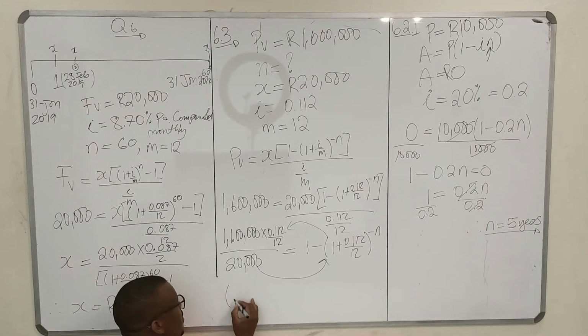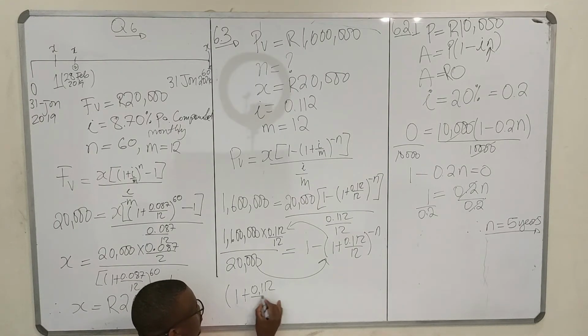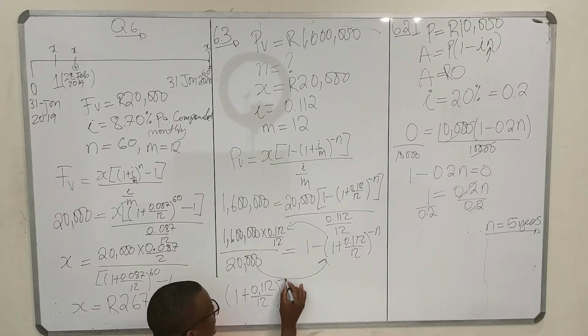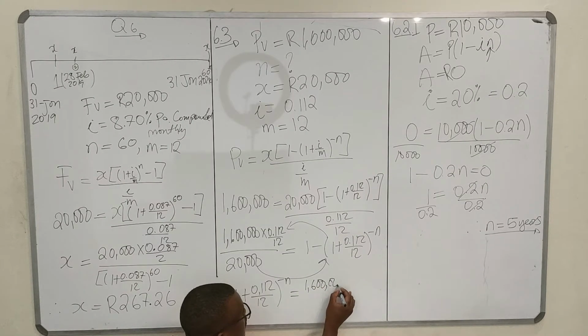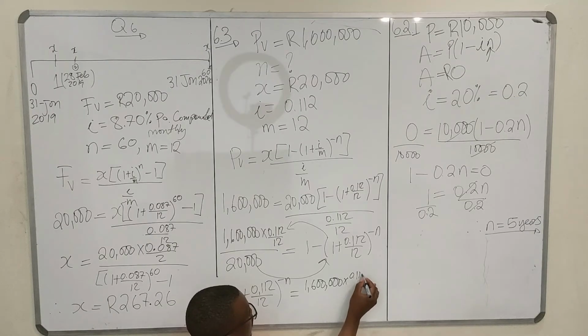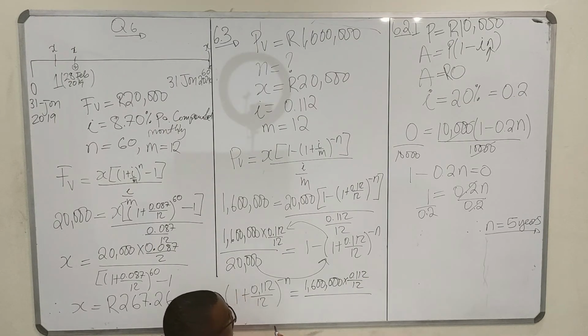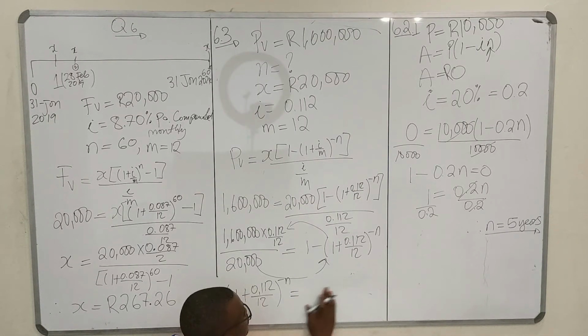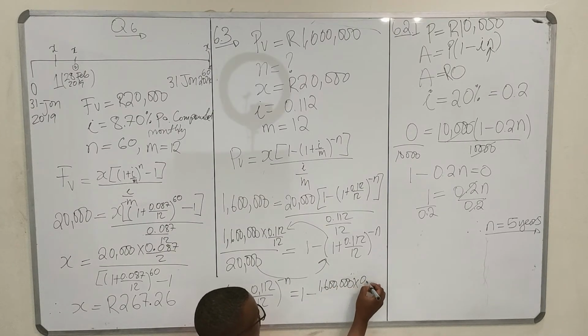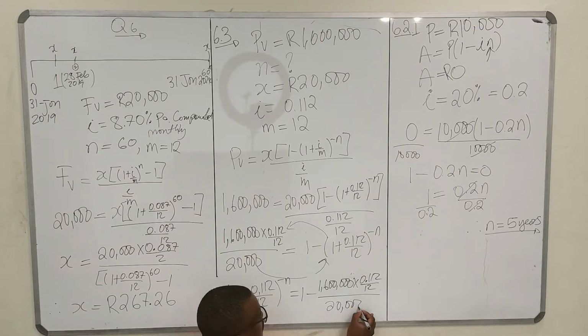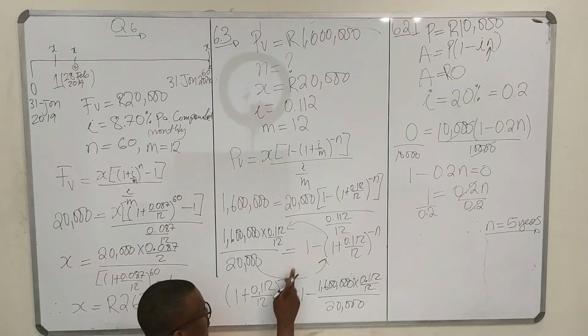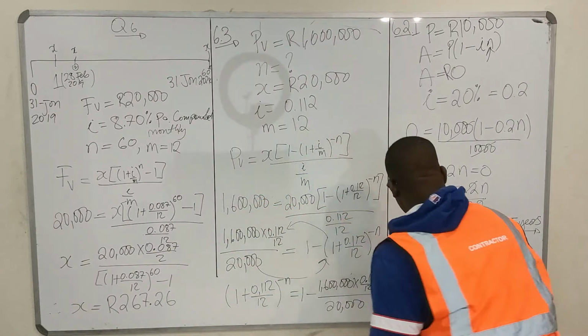So we'll have 1 plus 0.112 over 12 raised to negative n equal to... actually, no. It's equal to 1 minus 1.6 million times 0.112 over 12, all divided by 20,000, which is what we have here. From here, things are straightforward.